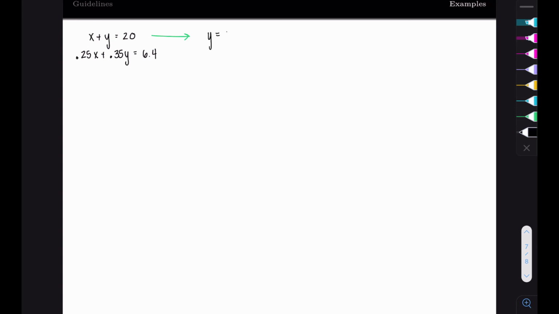We just subtract x to the other side, and our y has to equal 20 minus x. So plugging that into this equation, that's 0.25x plus 0.35 times 20 minus x equals 6.4.